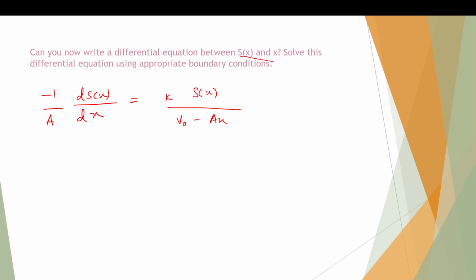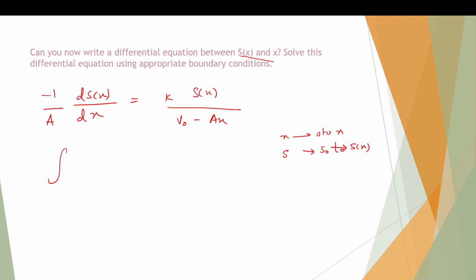To solve it, we will basically just integrate it from x equal to 0 to x. So if x is going from 0 to x, s will go from s naught to s of x.